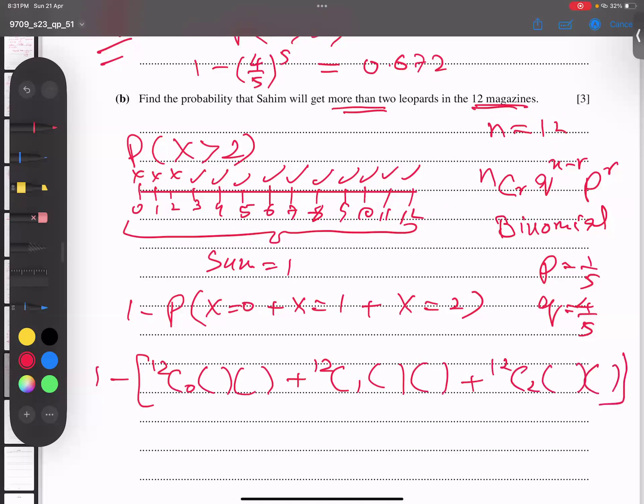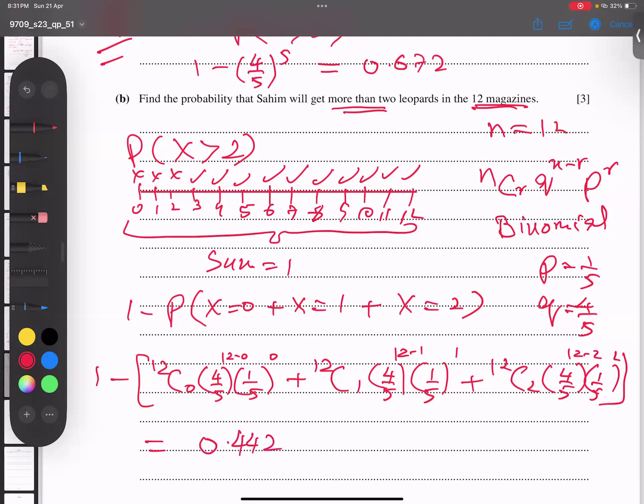Now here 12 minus 0, here 0, here 12 minus 1, here 1, here 12 minus 2, here 2. And q comes before, so 4/5 comes here, 1/5. First bracket 4/5, second bracket 1/5. And if I type all together in my calculator, I get 0.442. I believe the point is very clear.